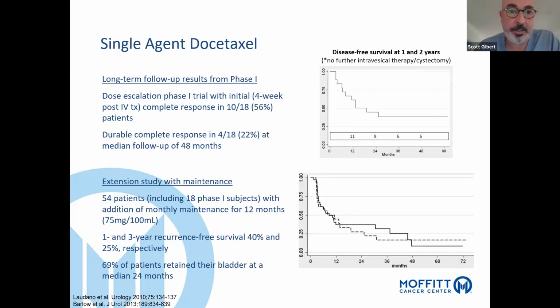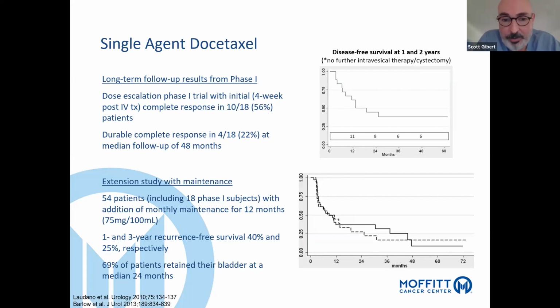So single agent docetaxel has also been looked at. And this again was data that started with Jim McKiernan at Columbia with a dose escalation trial and then an extension study, which we'll just review really quickly, 54 patients treated with both an induction plus a monthly maintenance course of single agent docetaxel, and 1 and 3 year recurrence-free survival rates were 40% and 25%.